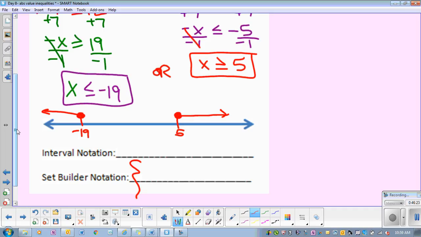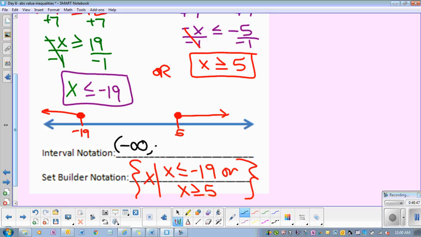Now I'm going to do the set builder notation. And then I have my interval notation. Negative infinity to negative 19.